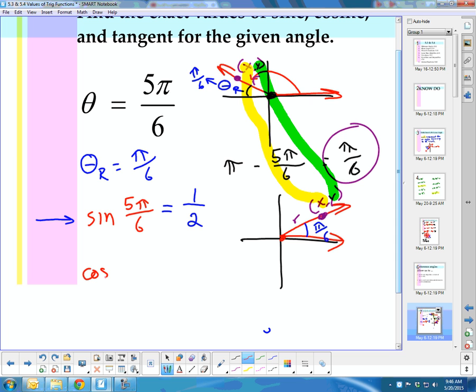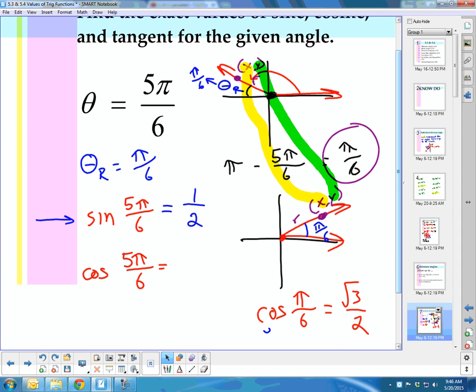Now, cosine of 5 pi over 6, we want to know that value. But what we're going to do is use the cosine value of pi over 6 to help us out. In this particular case, cosine of pi over 6 we know to be root 3 over 2. And the cosine function is defined as x over r. Because of the reflection, we said these two x coordinates are going to be opposite of each other.